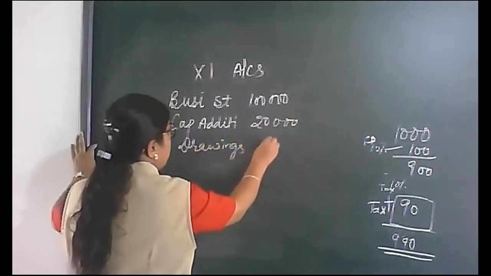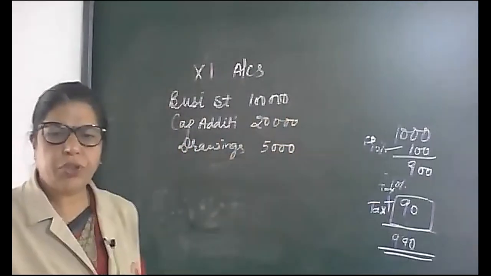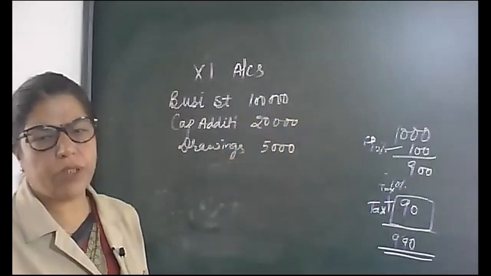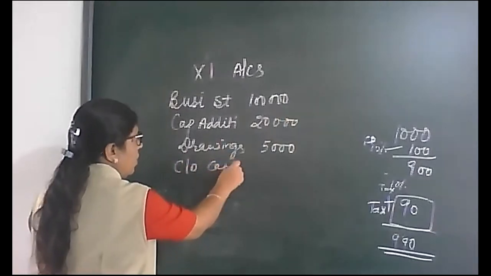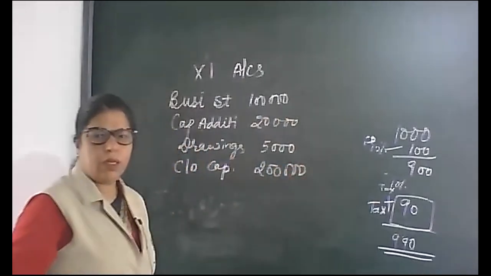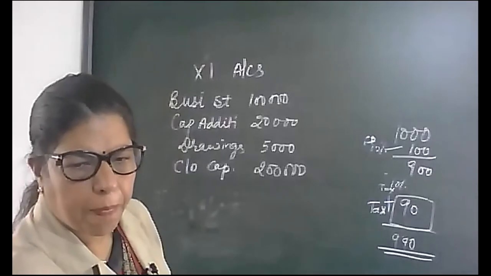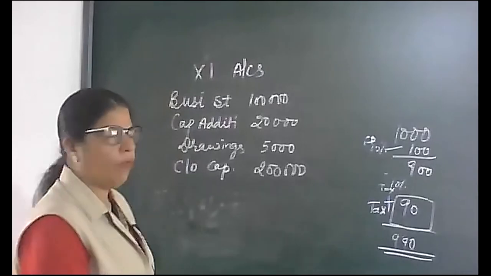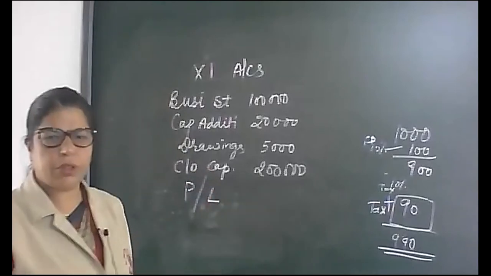Drawings 5,000. Closing capital 2 lakh. What will be the amount of profit or loss?